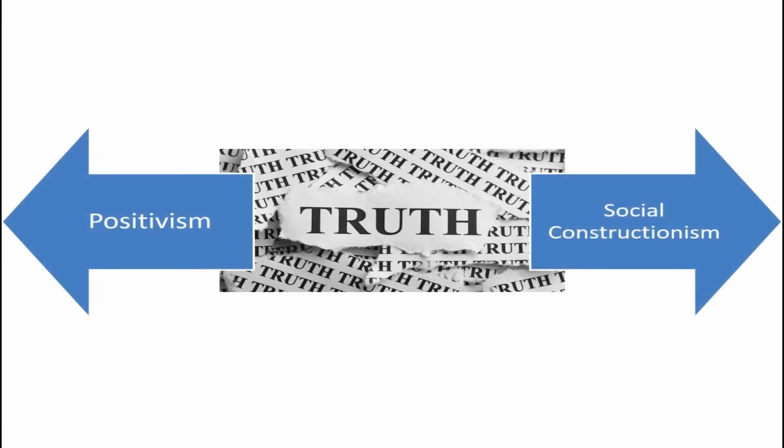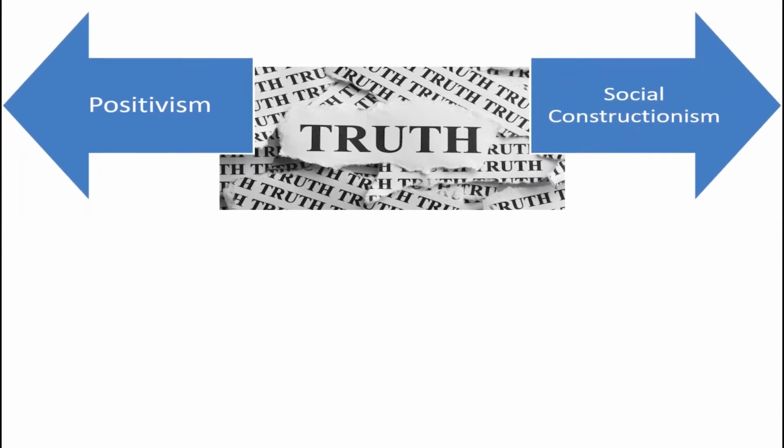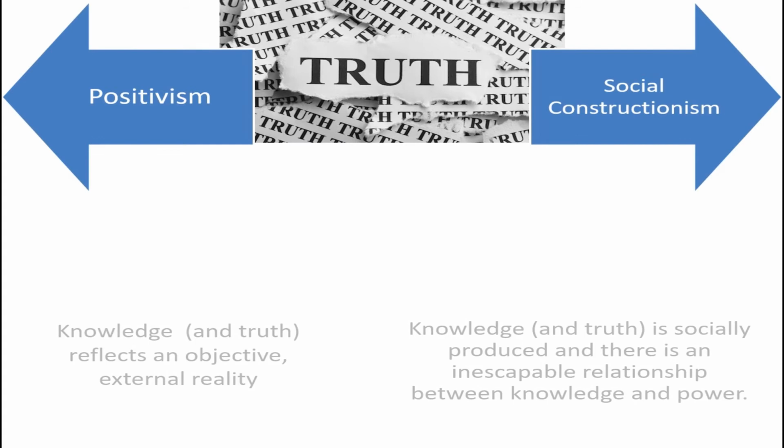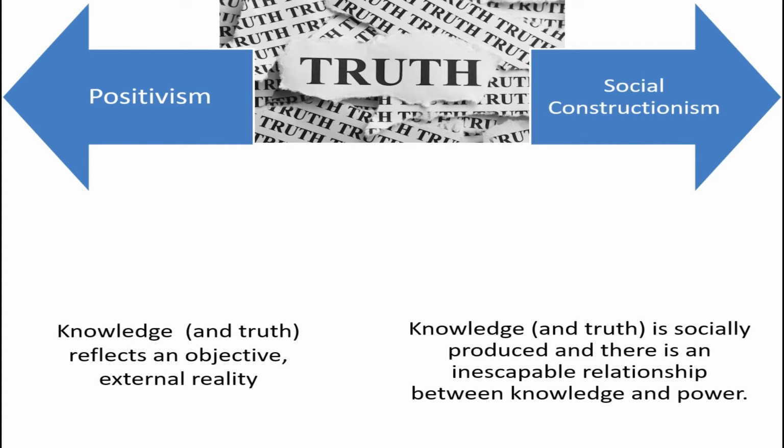Positivism states that knowledge and truth reflects an objective reality that can be measured. And social constructionism says that truth is socially produced and there is an inescapable relationship between truth and power. We'll look at this a bit more in our next lecture. So you will have a little bit of time to get your head around these ideas.